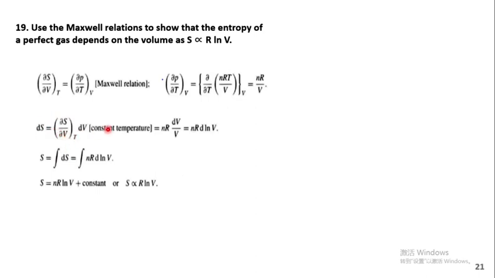Why do we have this? Because at constant temperature, this is dV, a differential of V. So actually they all equal dS, so we have this one. This is because we use this one to replace this one. After we have dS equals this one, we integrate both sides of this equation.